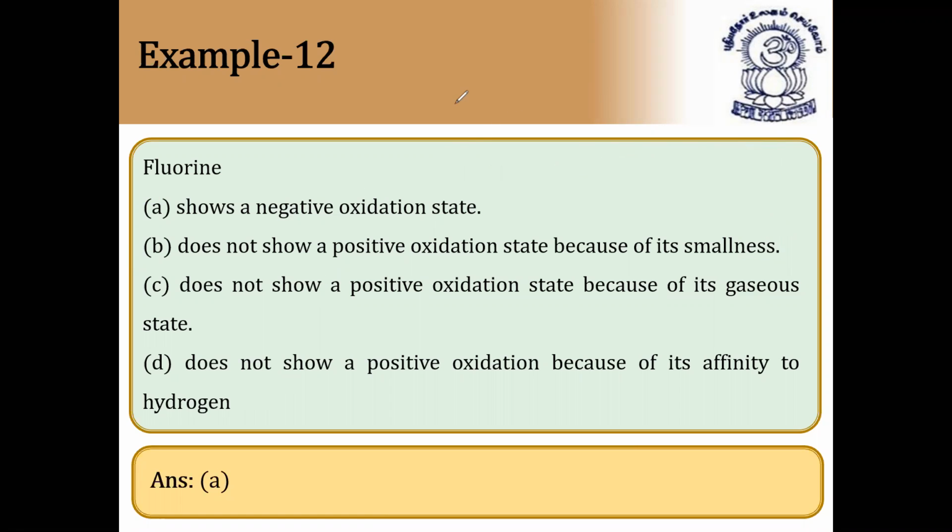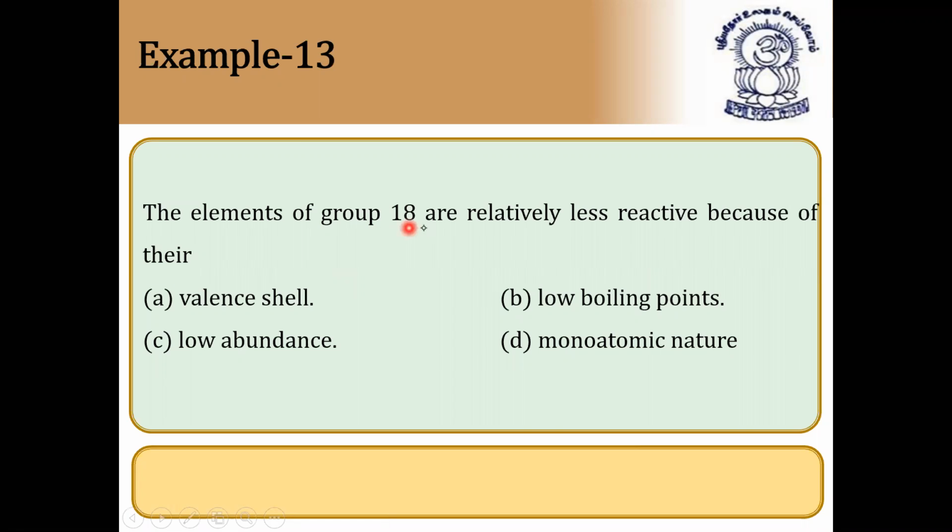Next question number 13. The elements of group 18 are relatively less reactive because of their valence shell, low boiling points, low abundance, or monatomic nature. The answer is their complete valence shell. We already know the 18 group elements, the noble gases, have octet configuration, completely filled orbitals, that is s, p, d, f.